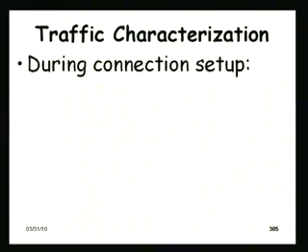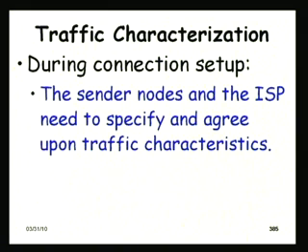Now, before we look further into the support in the internet, the roles of the different types of routers and so on, let us just have a basic idea about how one characterizes the traffic, because based on this the contract will be signed between the ISP or the router and the sender. So, during the connection setup, the quality of service that is required and the traffic characteristic will be agreed upon.